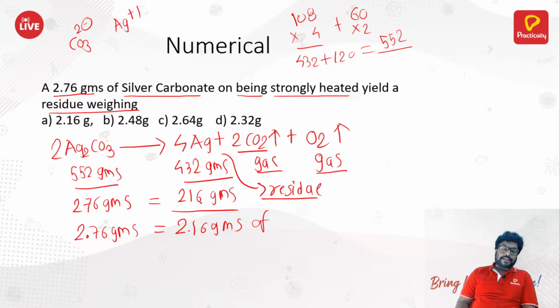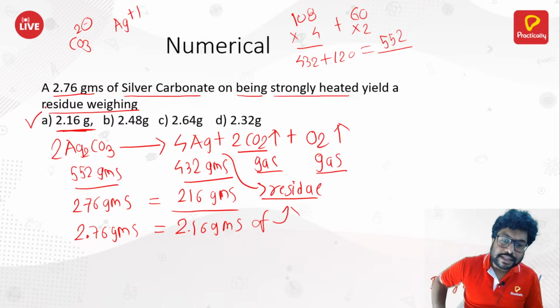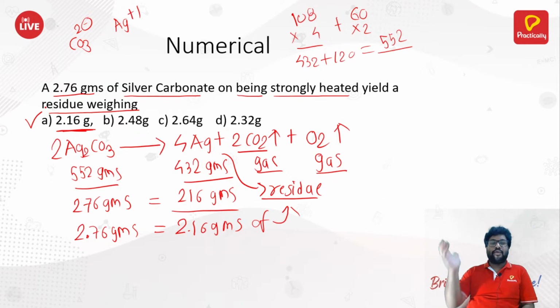So it was 216.00, which gave me 2.16 grams of residue. And that is why the answer is 2.16 grams. Okay, so you can solve it simply by doing this instead of cross multiplication. This decimal point will always help you solve the numericals in an easier way.